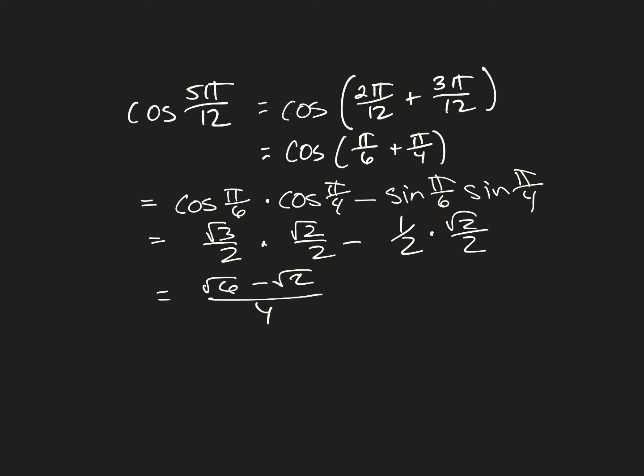Let's think of something else. What if instead I gave you a problem like the following? Maybe the directions are simplify, and maybe I'll even take it a step further and say simplify, find the exact value.